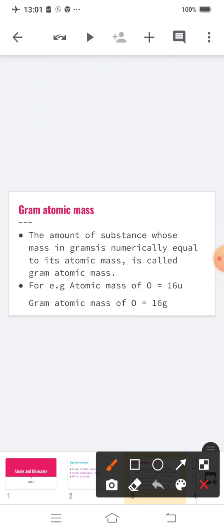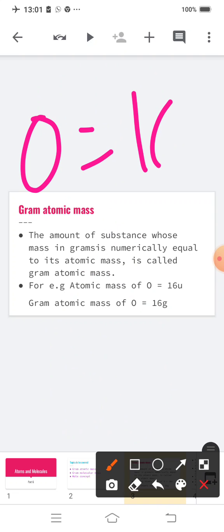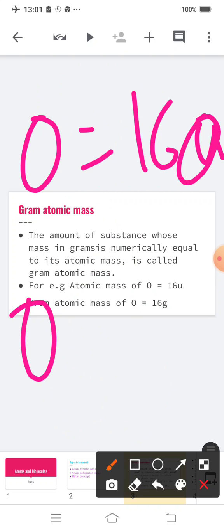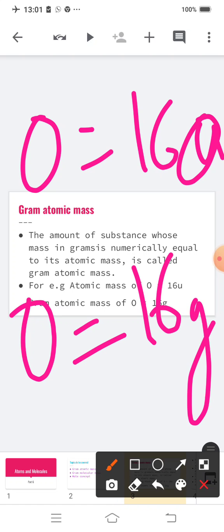Now see, atomic mass of oxygen is equal to 16 u. If I ask you what is the gram atomic mass of oxygen, you replace this u with g. So gram atomic mass of oxygen is 16 g. Is this clear?